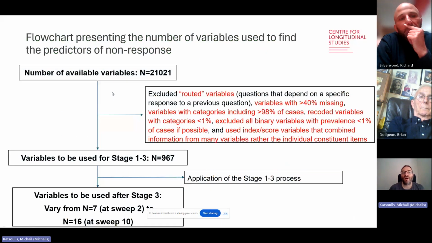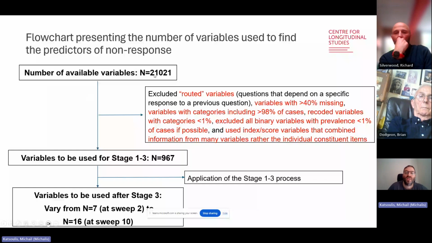So if you want an overview of how this worked, we initially started with more than 20,000 variables, but we excluded, as we mentioned before, the rooted variables, and these are questions that depend on a previous response to a previous question. We also excluded variables with more than 40% missing, variables with categories including 98% of cases, and recoded variables with categories less than 1%.